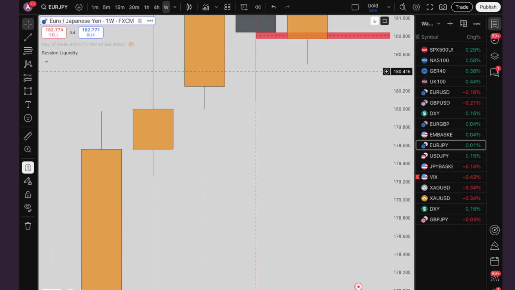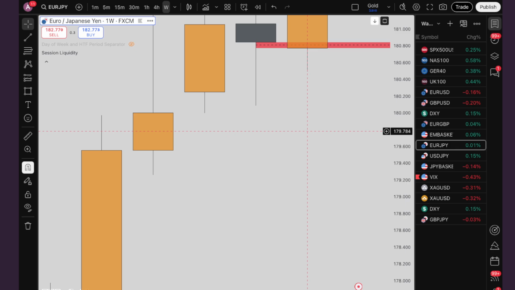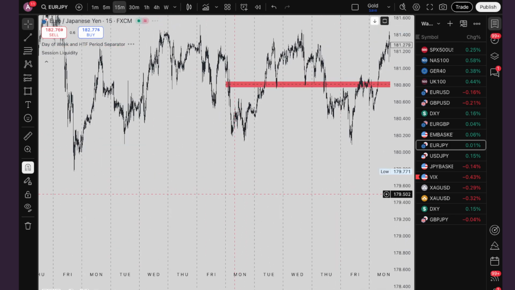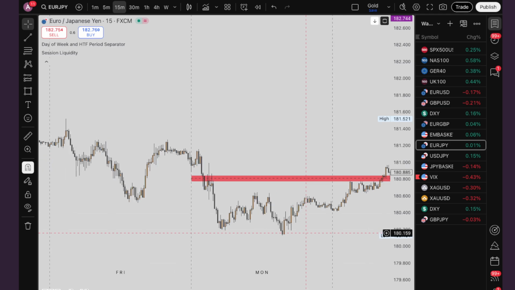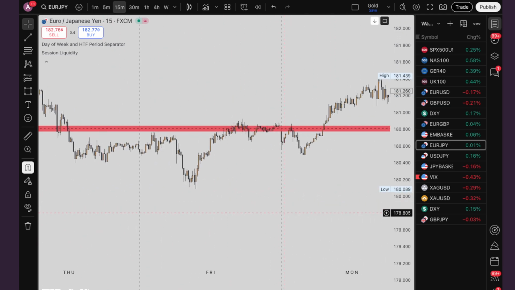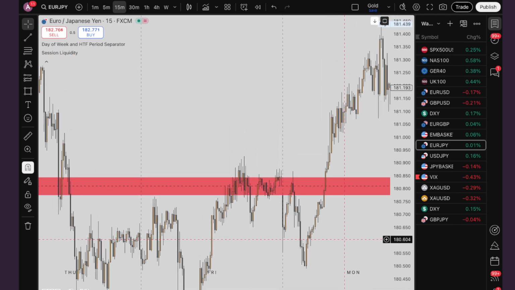Closing, opening. We have to go way back. I think it's this one. Yeah, so that gap, not that one.